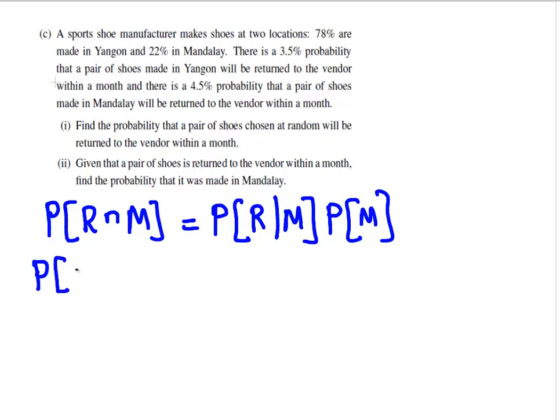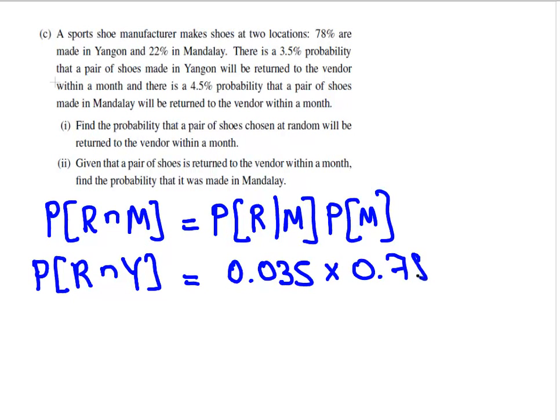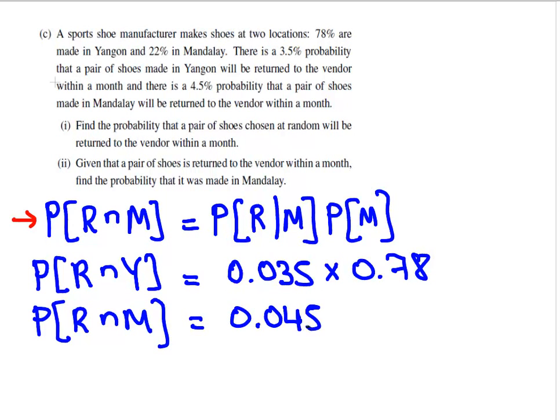So the probability of it being returned and from Yangon is 0.035 times 0.78, from the last slide. And using this one, probability of returned and from Mandalay equals 0.045 times 0.22.